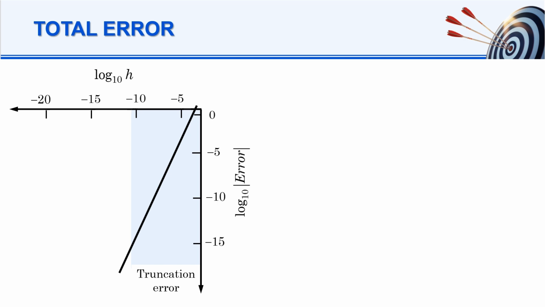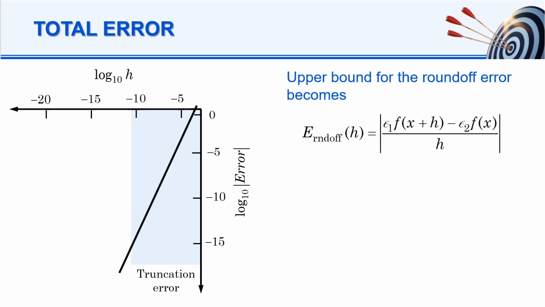The upper bound for the round-off error becomes the following, assuming f(x) and f(x plus h) are equivalent, with epsilon 1 and epsilon 2. This expression can be reduced to the following, where N is the maximum magnitude value of f, but we do not know the signs of epsilon 1 and epsilon 2.